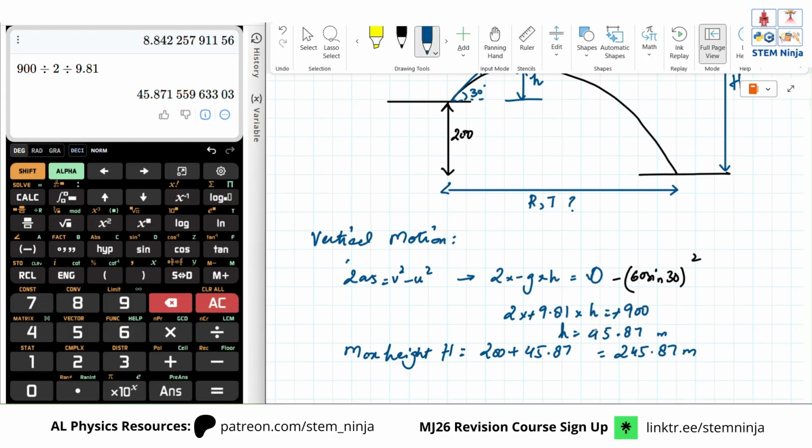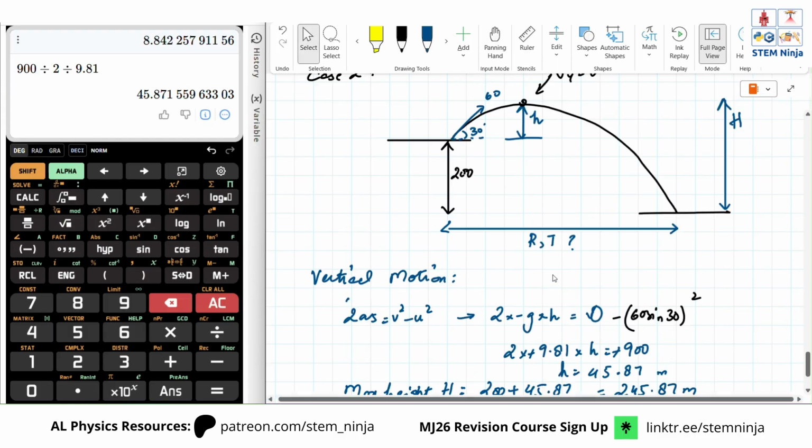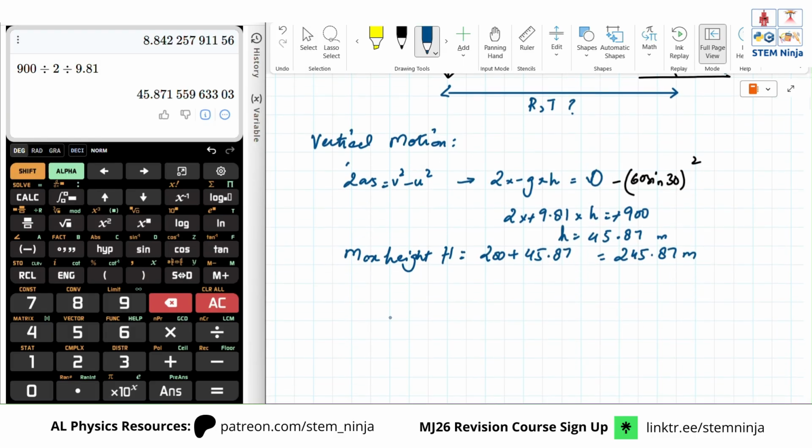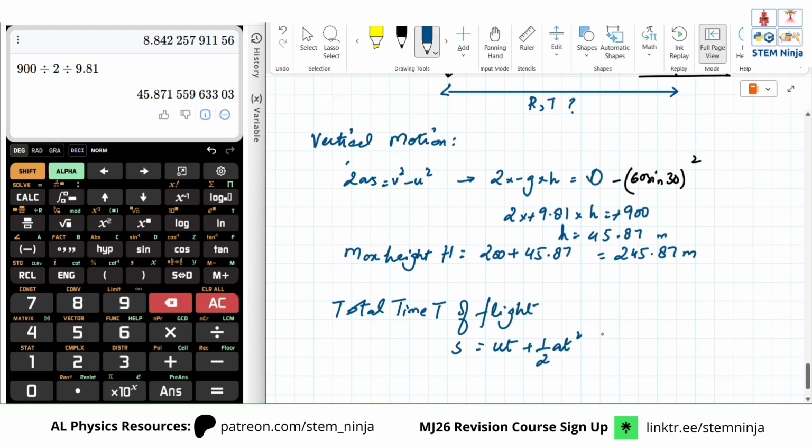Now, the range. First, let's do the time of flight, because if we know the time of flight, we can figure that out. So total time t of flight. We use s equals ut plus half at squared.